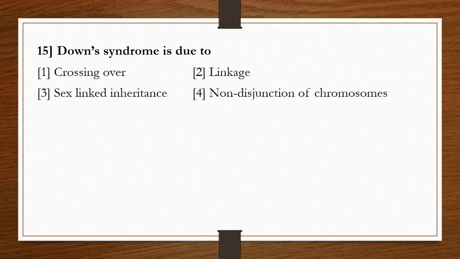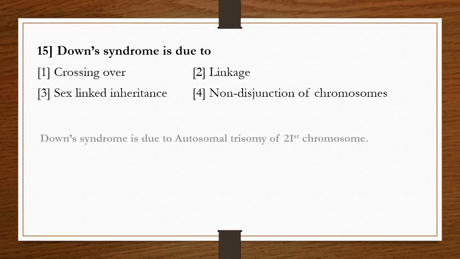Question number 15. Down syndrome is due to: option 1, crossing over; 2, linkage; 3, sex linked inheritance; 4, non-disjunction of chromosomes. So let's see. Down syndrome is due to autosomal trisomy of the 21st chromosome.